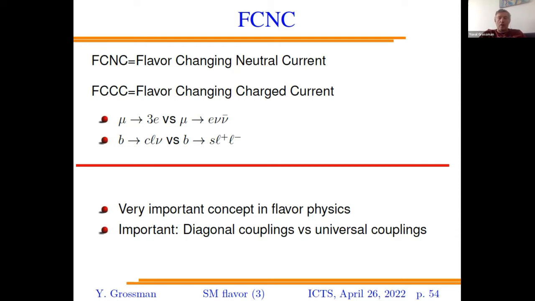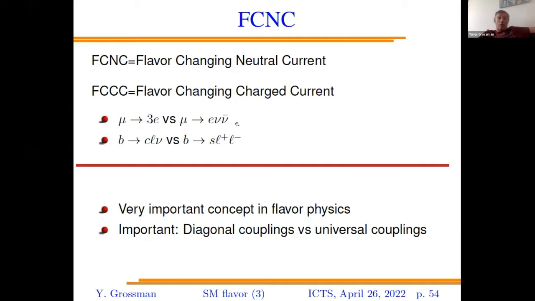If someone who really knows English well can tell me, if you have an acronym and you want to make it plural, do you add an s at the end or not? When I talk about the plural of FCNC, should I write FCNCs with a small s at the end or not? I don't know the answer. I Googled it and I got different answers. So I will not put the s at the end, and you can tell from the context whether I talk about plural or singular. And FCCC is flavor changing charged current.